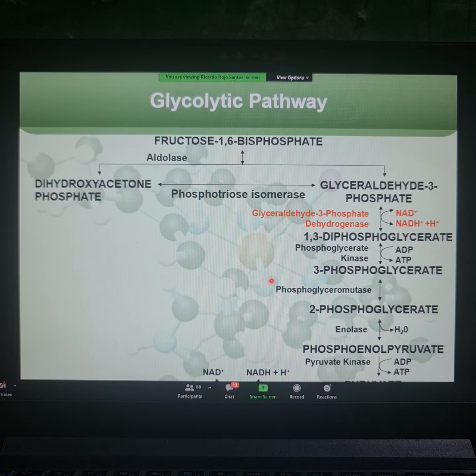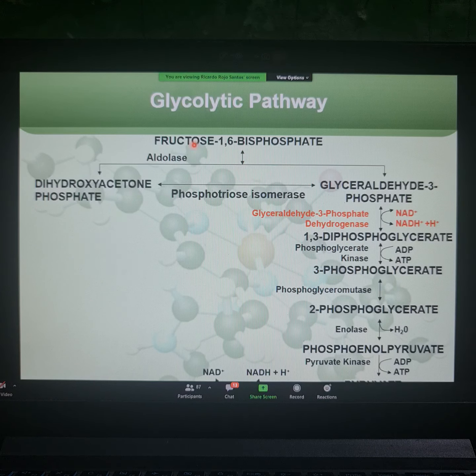Okay, now take note of this. In every substrate level phosphorylation step, you only produce one ATP at a time. But look at this one. Let me go back to this one.